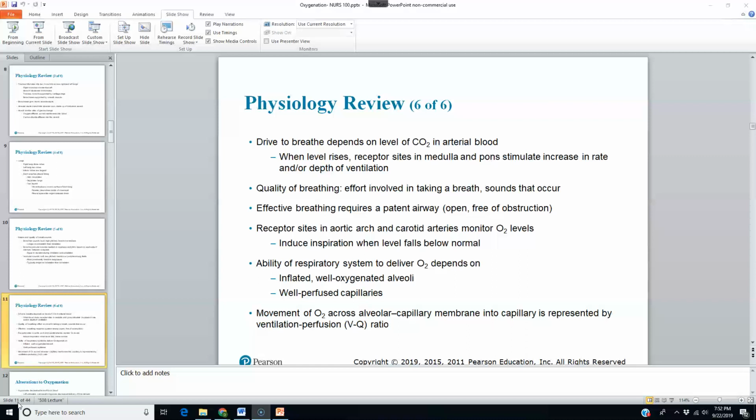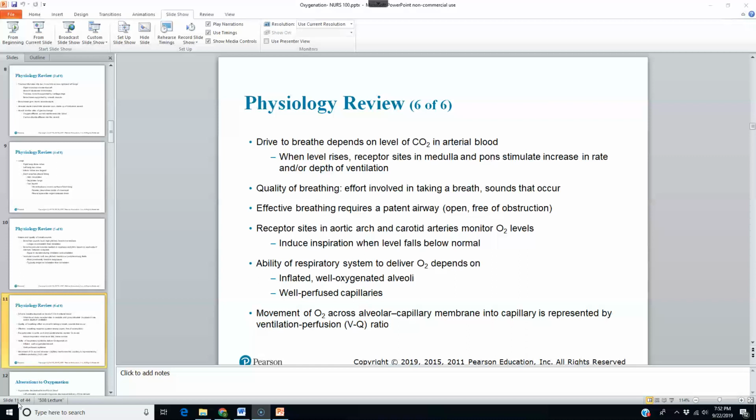So this is why we are very careful that with a COPDer we don't give them too much oxygen, because we don't want to lower that CO2 very much, because that's what keeps them breathing.